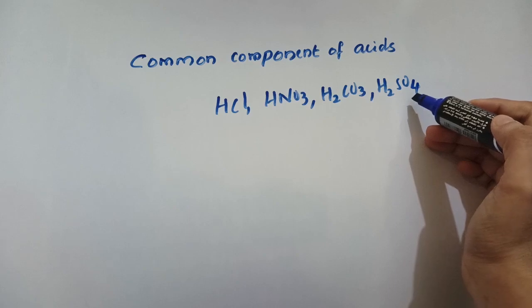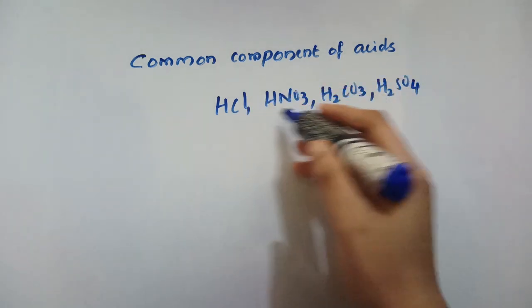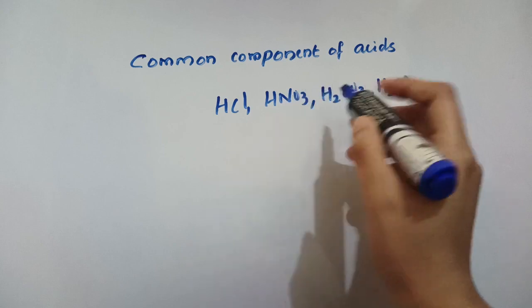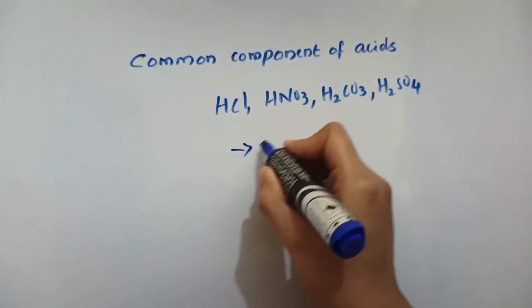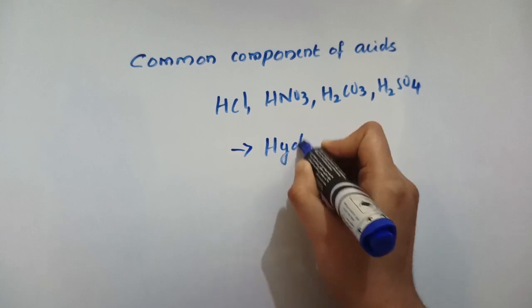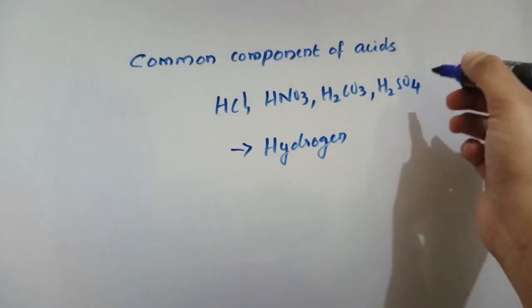Then we can ask which component is responsible for the common properties of acids. We can see that in all these acids there is one common component, that is hydrogen. Hydrogen is the common component in acids.